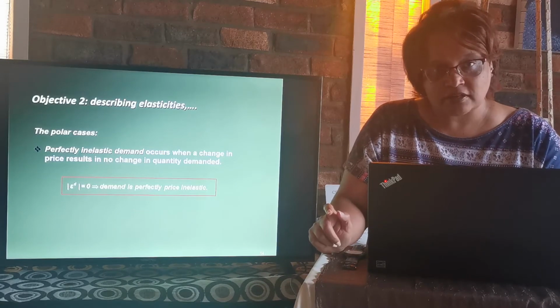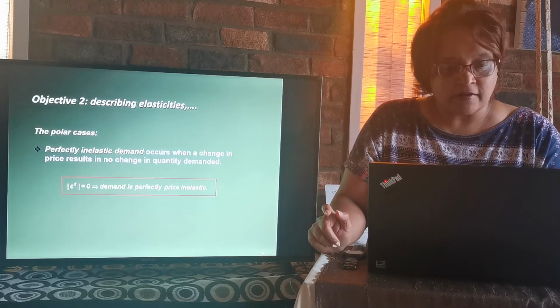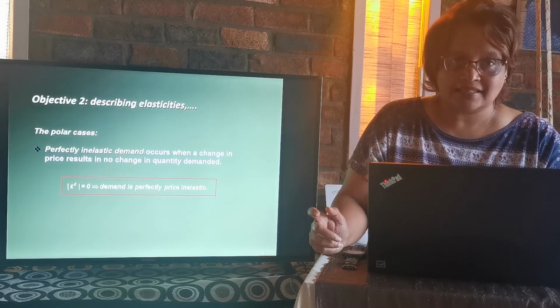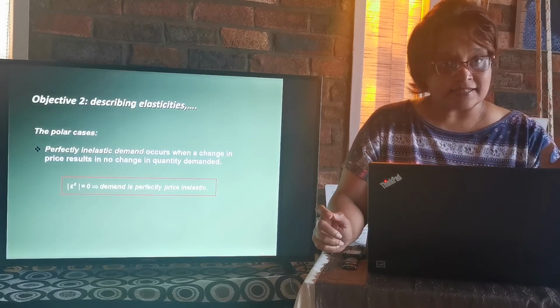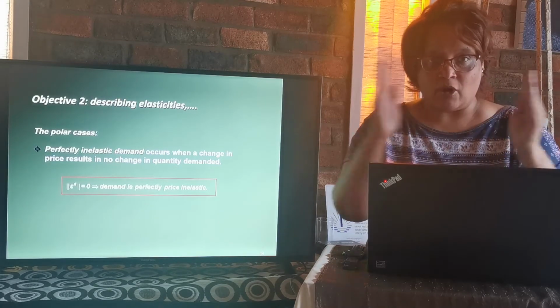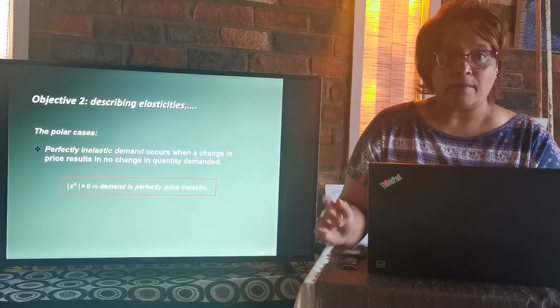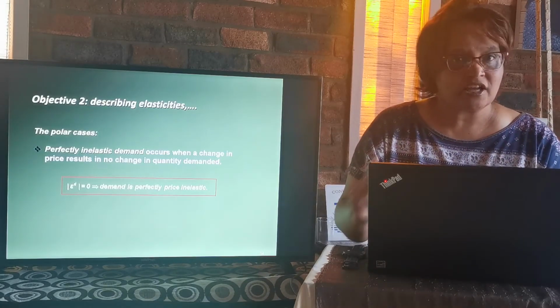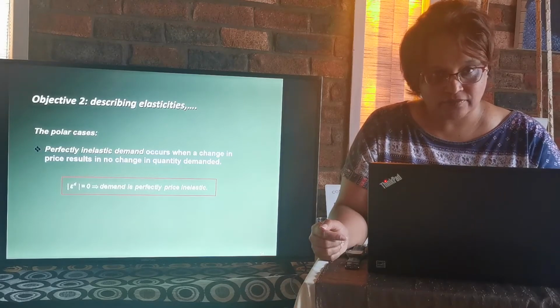Totally the opposite of the first one, when we said it was elastic. So elasticity, it's responsive. When the price changed, the demand changed. Now, perfectly inelastic demand is whichever way the price changes, the demand will not change.